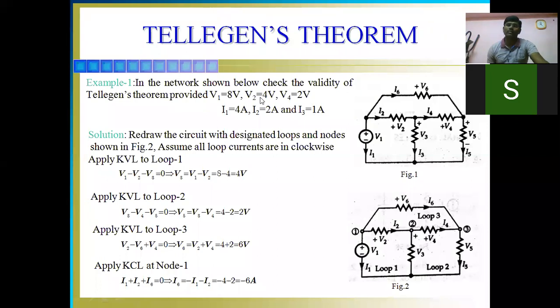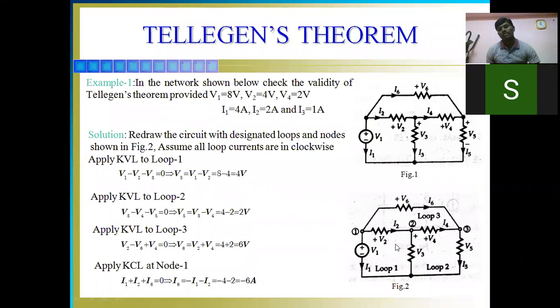But he gives only some of the branch voltages and branch currents. So let me find the unknown branch voltages and unknown branch currents. Then we will simply apply Tellegen's theorem. For that, you just redraw the entire circuit by taking the loops. There are 3 loops.